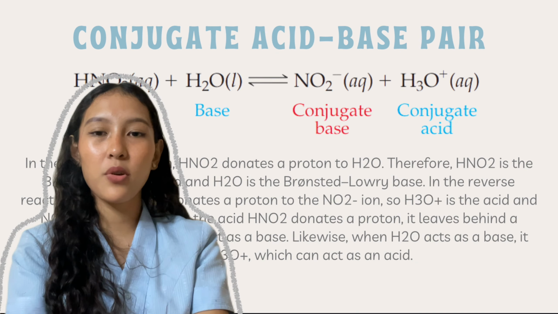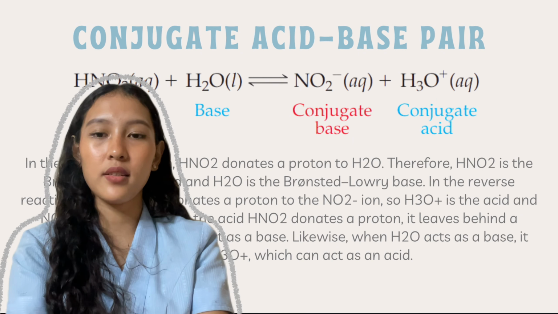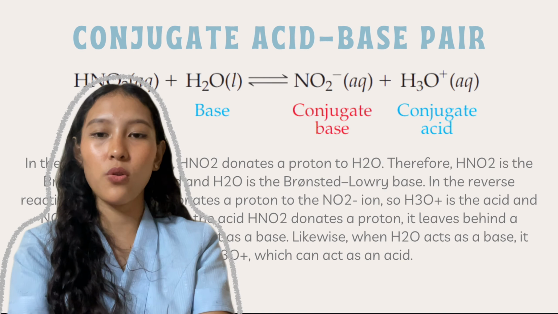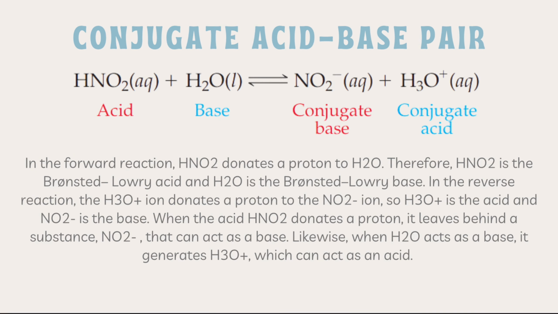Now, here's a more detailed breakdown of the concept of the Bronsted-Lowry acid and bases using the reaction between nitrous acid, which is HNO2, and water, H2O. Let's explore the forward reaction. We have nitrous acid and water as our reactants. We can see that HNO2 donates a proton to the water.